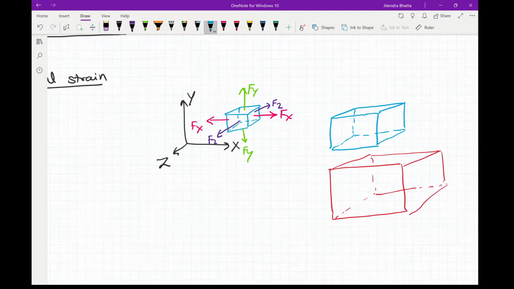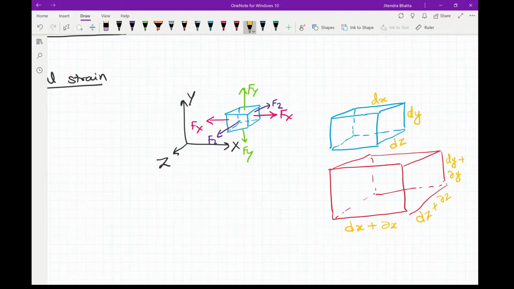Let this be dy, this be dz, and this be dx, and this is our new dimension. Let's say our x direction increased by a small amount del x. Here also our new length will be dz plus small del z, and new length here will be dy plus small del y.